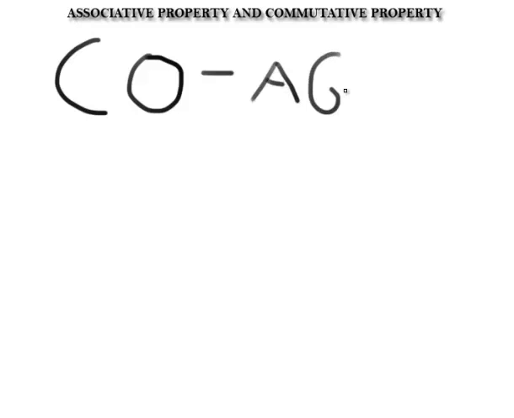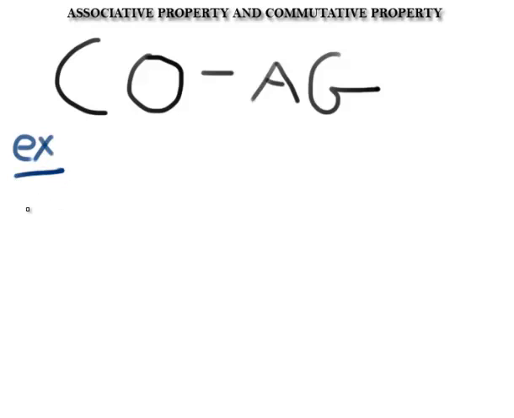Now let's take a look at another example illustrating the properties. Again, let's think back to COAG. Remember, the C is the commutative property and the A is the associative property. So here's the other example.